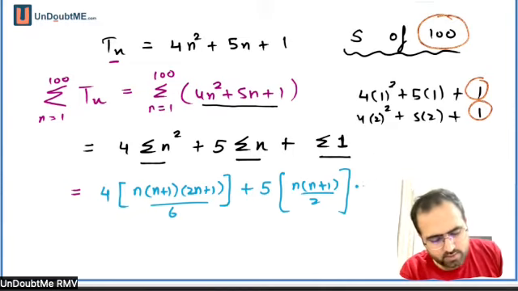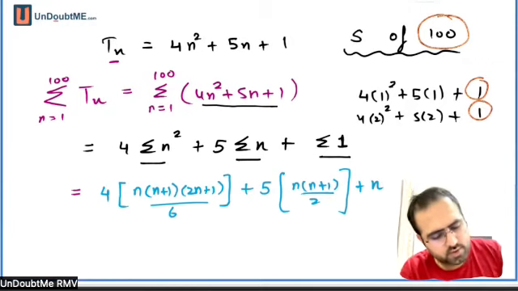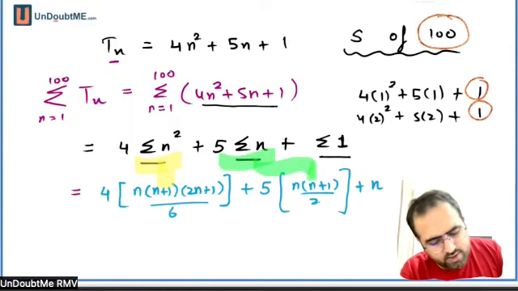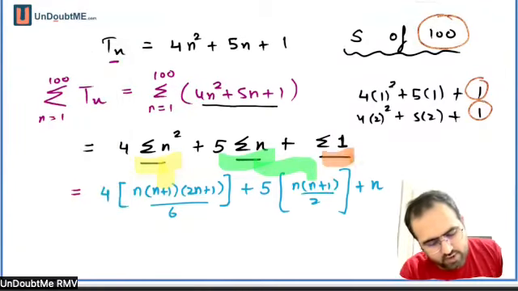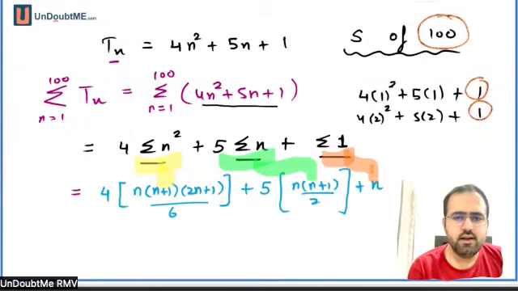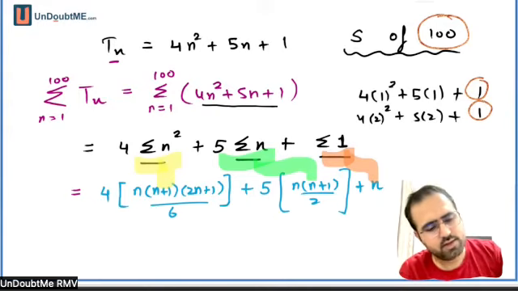Let me write here only, plus n. So this we have written for this one, then this we have written for this one, and the last one is for sigma 1, we have written n. Look at the colors, these are just expansions.